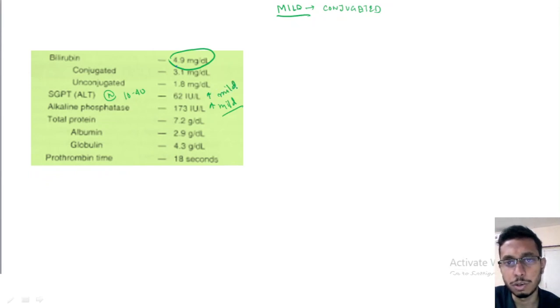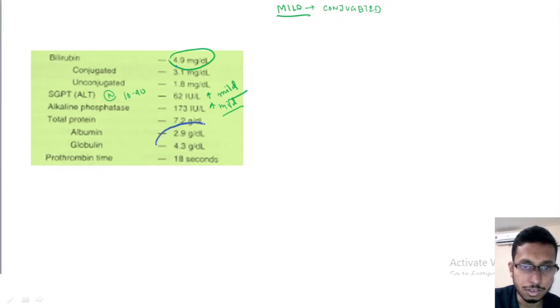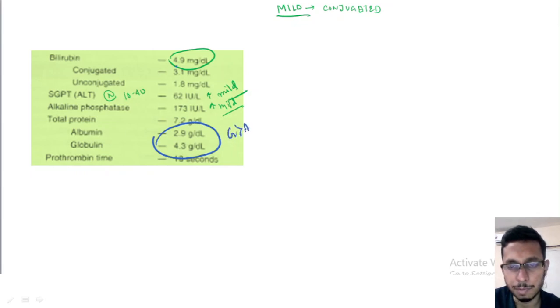Okay, so here we have a mild conjugated hyperbilirubinemia case where surprisingly SGPT is mildly increased and alkaline phosphatase is also mildly increased. In such cases, look at the albumin globulin ratio. This is surprisingly totally reversed, with globulin more than albumin. What does it signify?